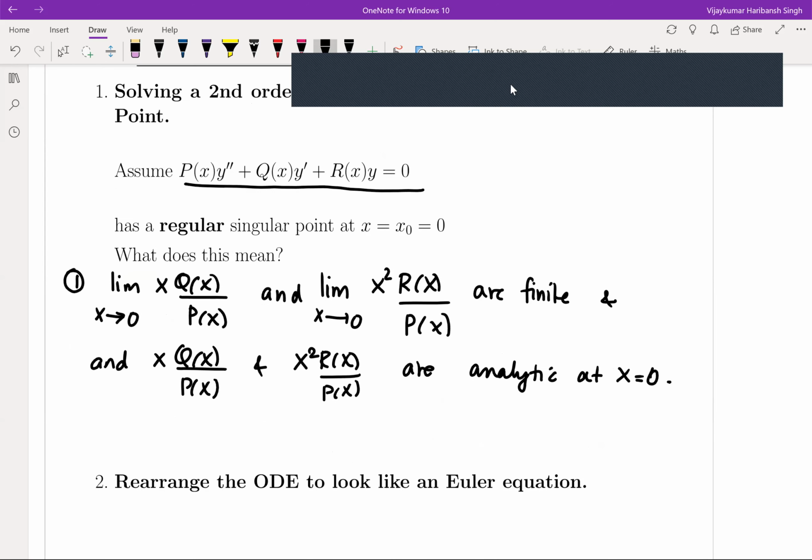Recall what analytic means: they have convergent power series.